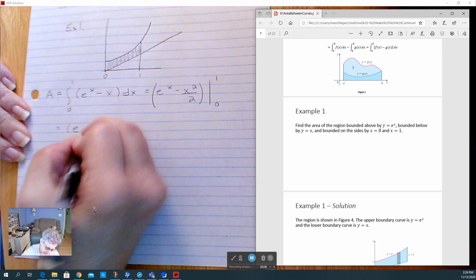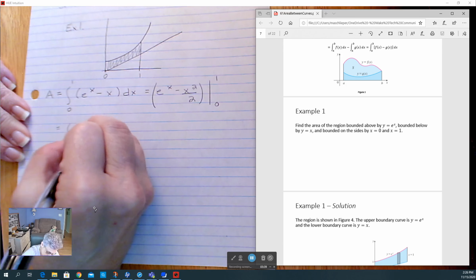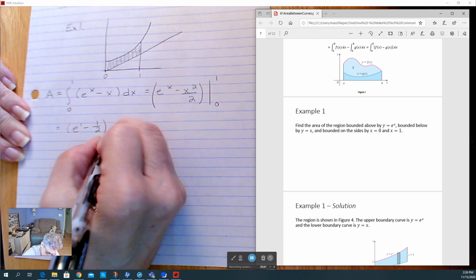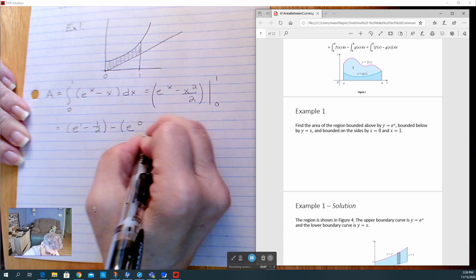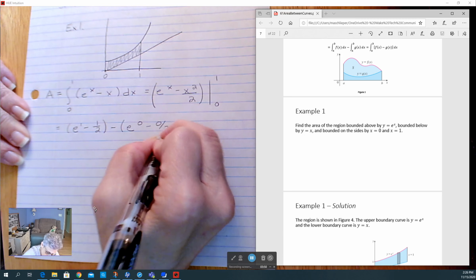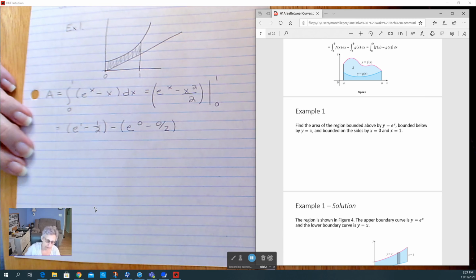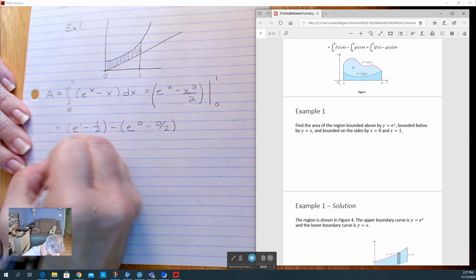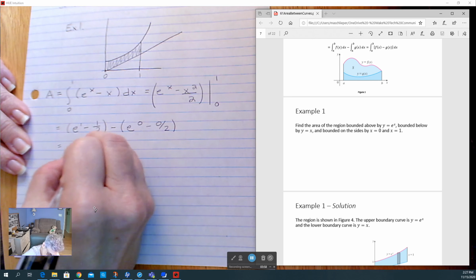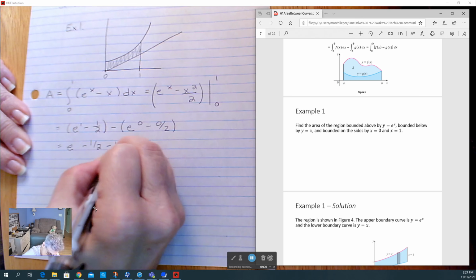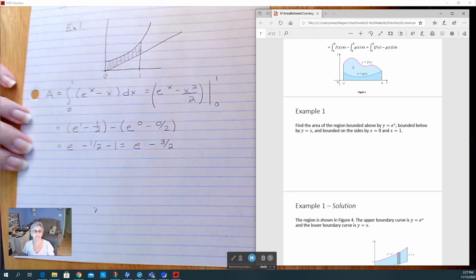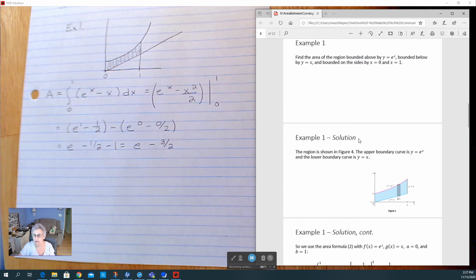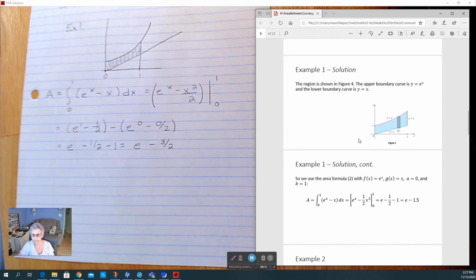So we have e to the first power minus 1 squared over 2 minus e to the 0 power minus 0 squared over 2. So that gives me e minus a half minus 1, so e minus 1 1/2, my final exact answer. There's the pretty solution.